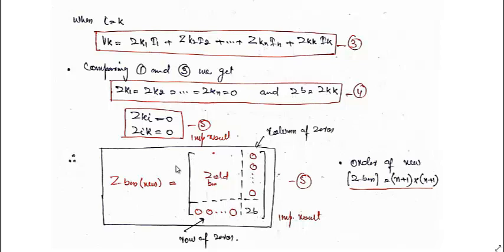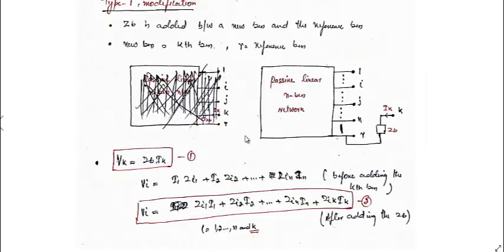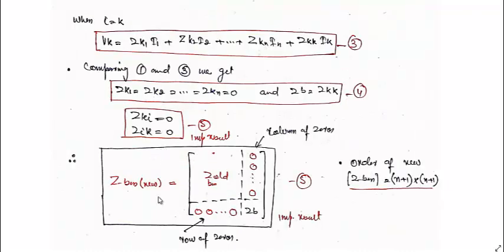This will be first row, second row, third row, fourth row, fifth row, let's say nth row. And we know that the last element, Zik, for all the rows from i equal to 1 to n will be equal to 0. And for the kth row, that equation is given by this. For this, Zk1 is 0, Zk2 is 0, Zk3 is 0. That means this comes out to be 0, and finally Zkk will be equal to Zb. And in this way we have calculated the Zbus.